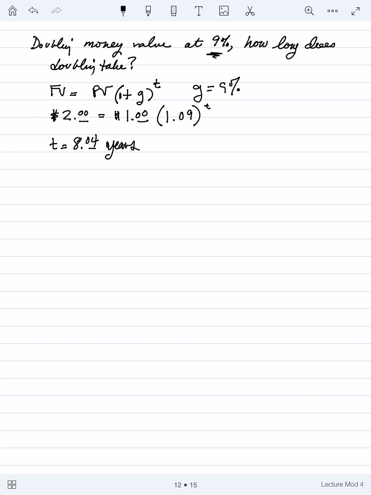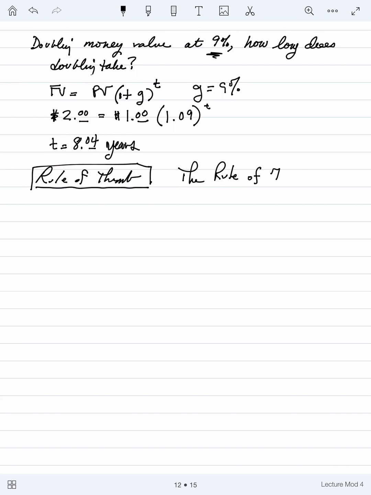And there's a very useful rule of thumb called the rule of 72. You take 72 and divide by the whole percentage rate in your problem.